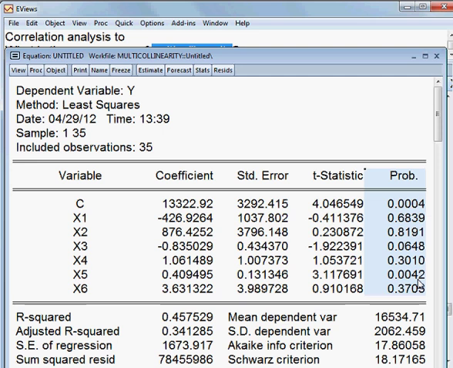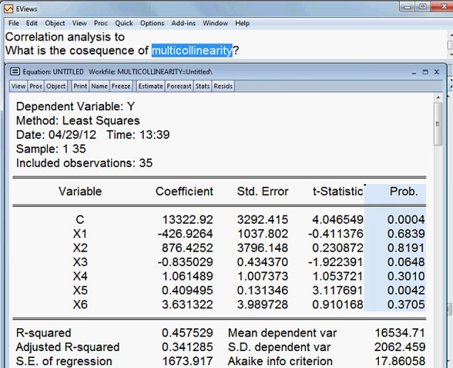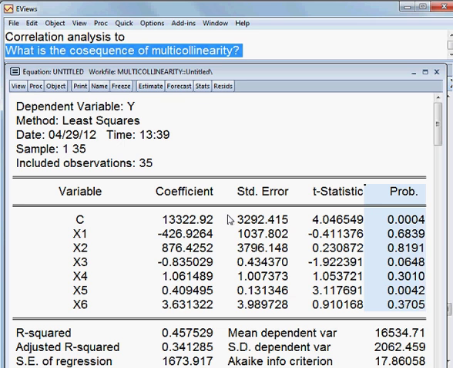Now what is the consequence of multicollinearity? If there is multicollinearity, then the standard error, this value, goes up artificially.